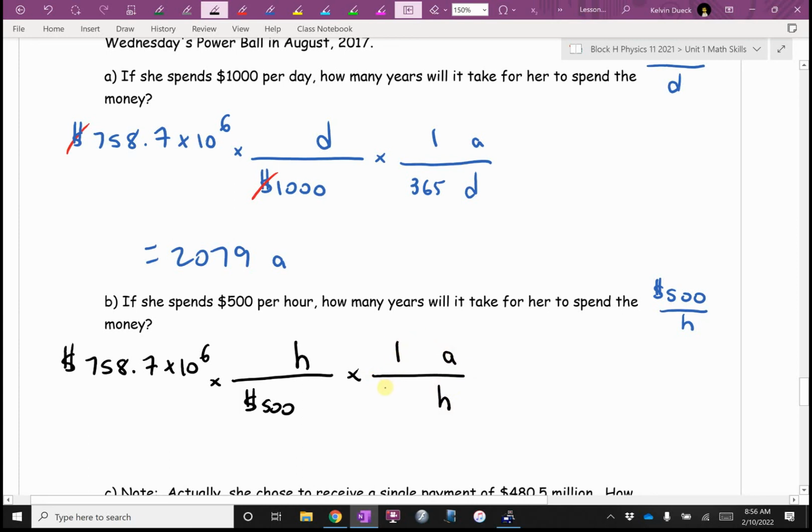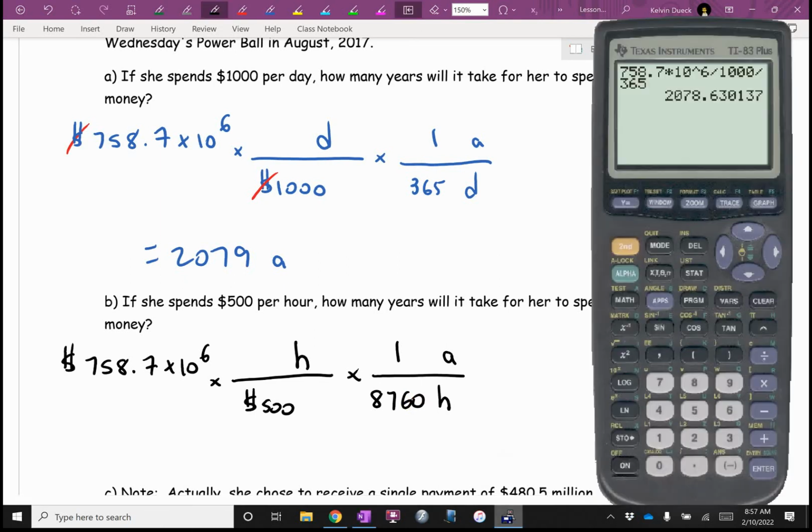And 1 year, what is it? 8,760? Well, that's a win. So I guess it's going to be this number, 758.7 times 10 to the 6th, divided by 500, divided by 8,760.